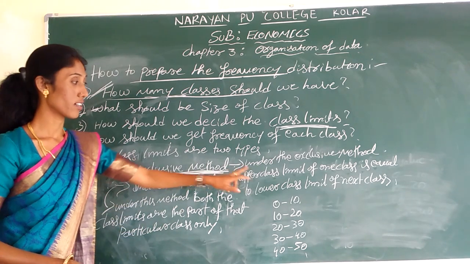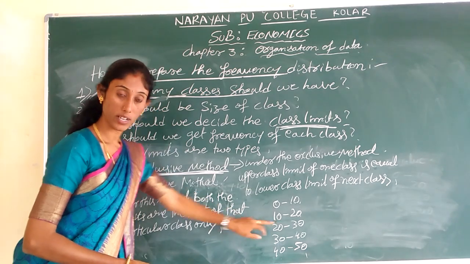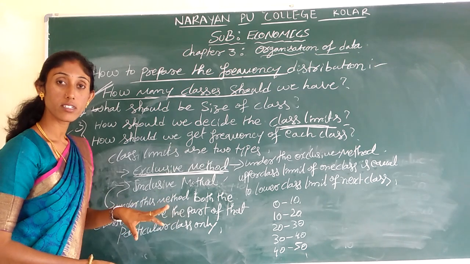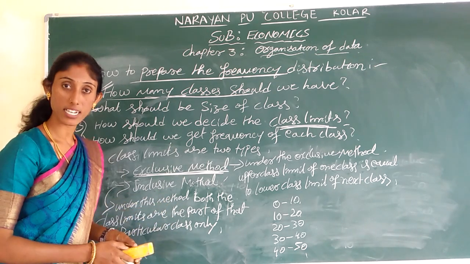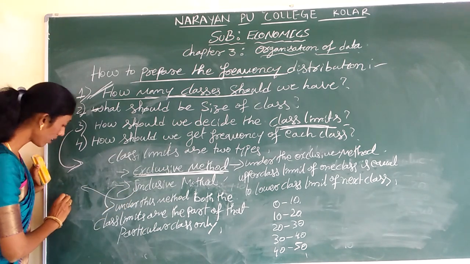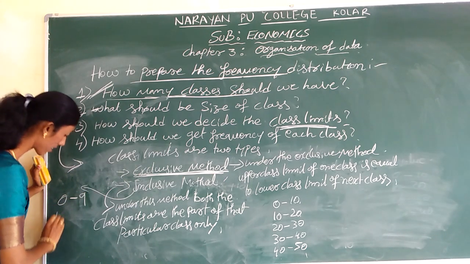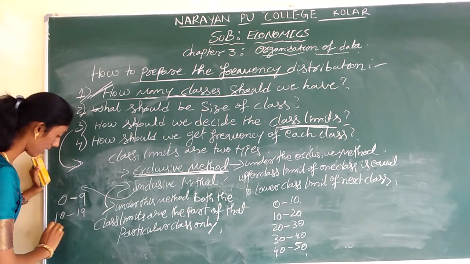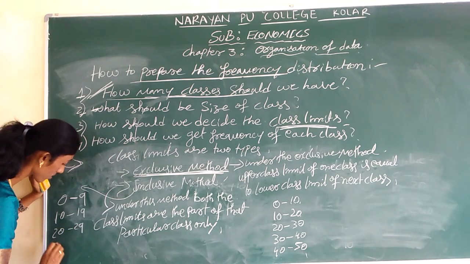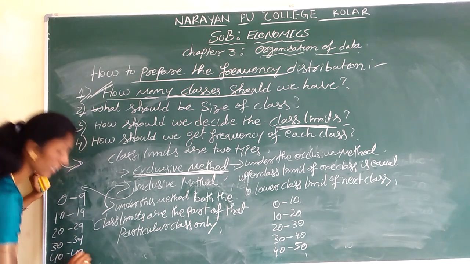Are you understood? Here the one class upper limit will move to a next class lower limit, but in the inclusive method it will never move. The limits of the class will never move to the next classes. And for the inclusive method you can take the example 0 to 9, 10 to 19, 20 to 29, 30 to 39, 40 to 49.